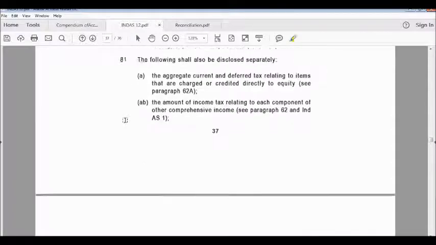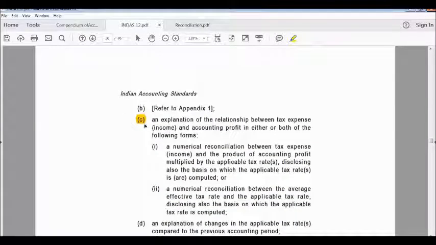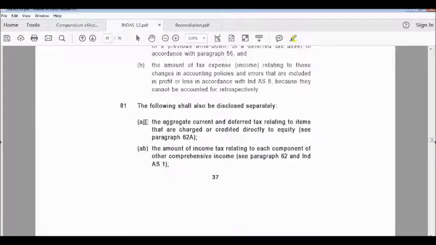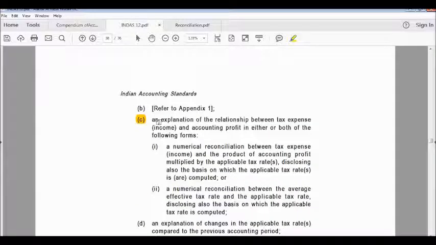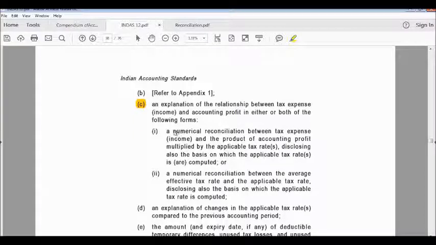But one important difference in disclosure is paragraph number 81, clause C. It says you have to disclose an explanation of the relationship between the tax expense or income and the accounting profit in either or both of the following forms. So you also have to give the explanation of the relationship between the tax expense and the accounting profit in this form, like a numerical reconciliation between the tax expense and the product of accounting profit multiplied by the applicable tax rate, disclosing also the basis on which the applicable tax rate is computed.